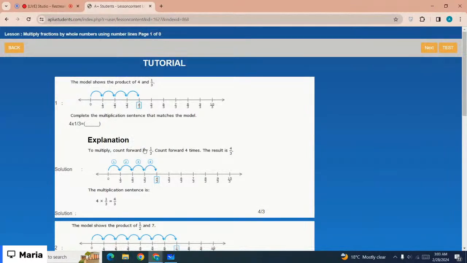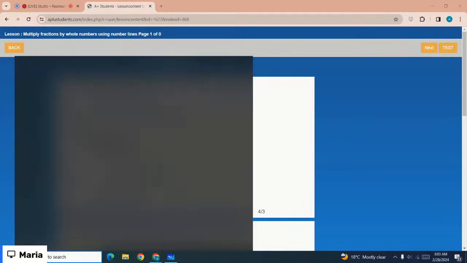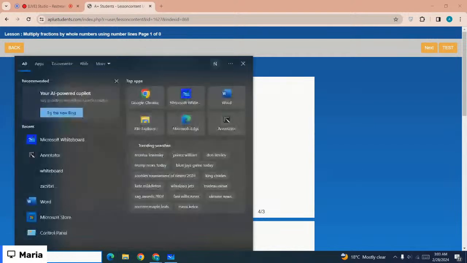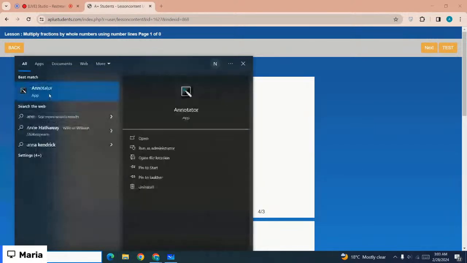Okay, the first example is the model shows the product of 4 and 1 over 3, right? You need to understand what is the product of 4 and 1 over 3.